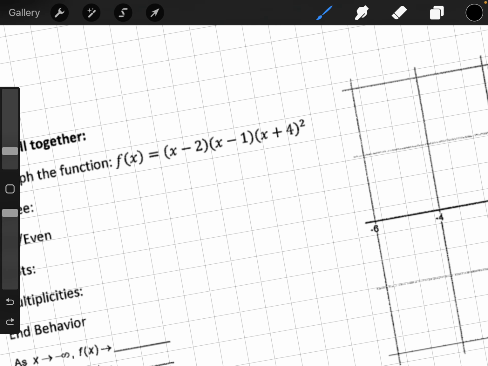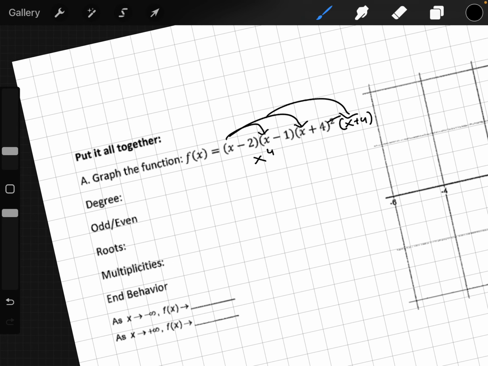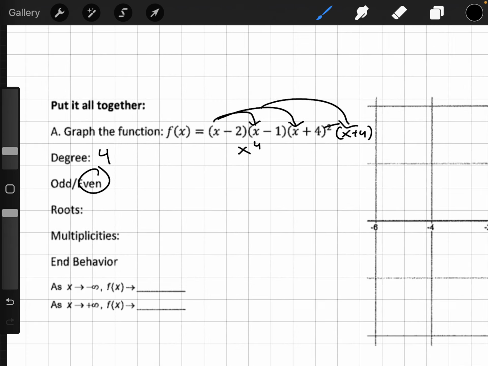So for our last example, we'll put it all together. We know that this x multiplied by this x multiplied by this x, which when expanded is x plus 4, will give us x to the power of 4 as our highest degree, which is an even function. And the roots here: x equals 2, x equals 1, x equals negative 4, and x equals negative 4 again.